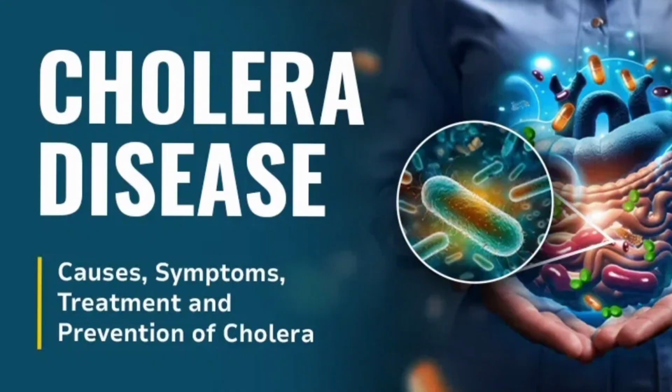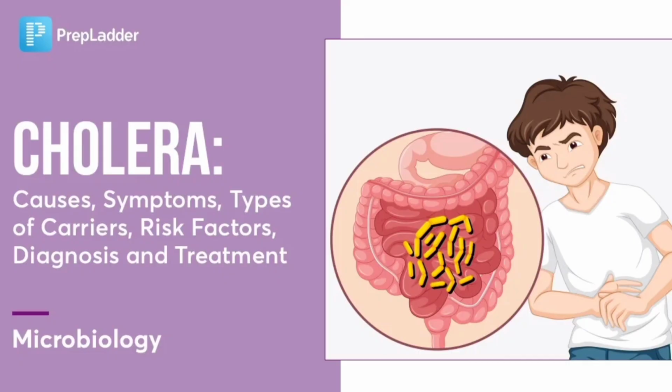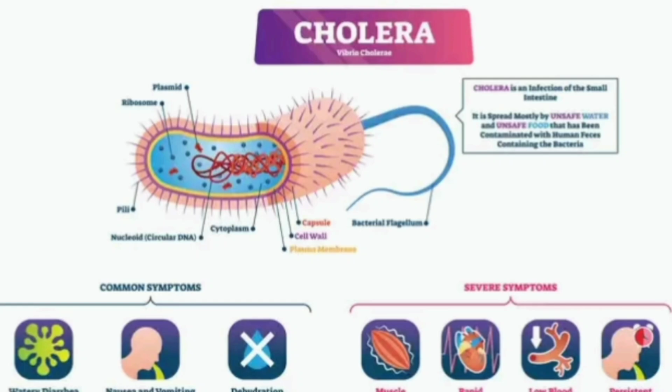Also, we have cholera, which is very prevalent in India, Calcutta. Vibrio parahemolyticus gives green colonies on thiosulfate citrate bile salts agar, and Vibrio cholerae itself gives yellow.